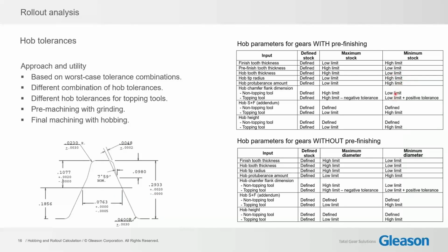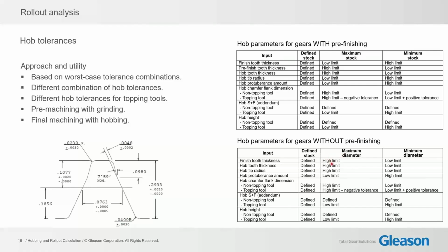And then again, depending on if it's a topping or non-topping tool, we have different combinations of tolerances. If we use the hop without the pre-finishing operation, so we only use one step to cut the gears, then we're not checking the maximum and minimum stock anymore. We are checking the maximum and minimum diameter. Again, there are certain conditions that are used here.